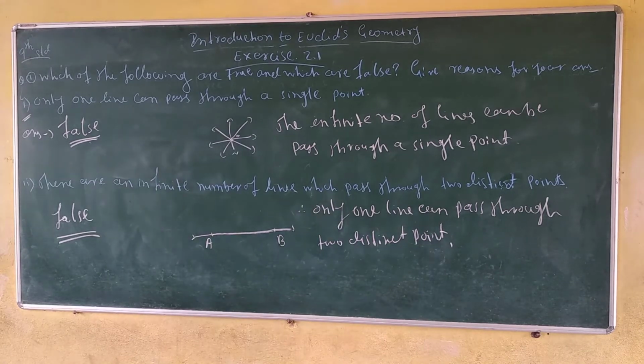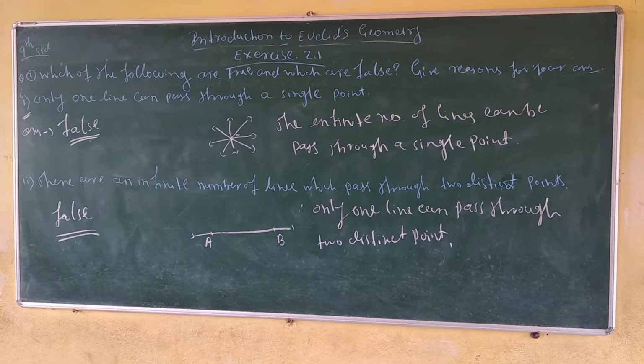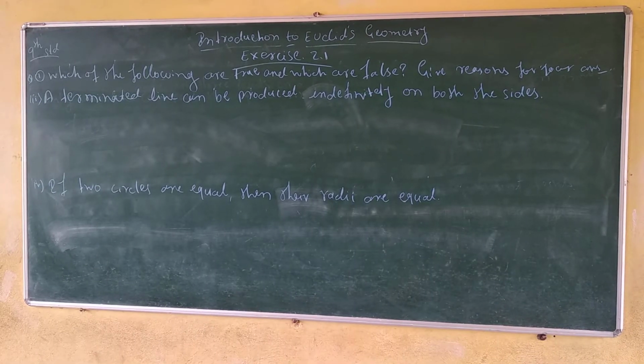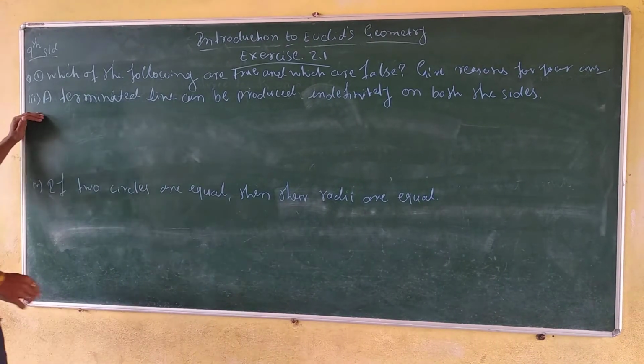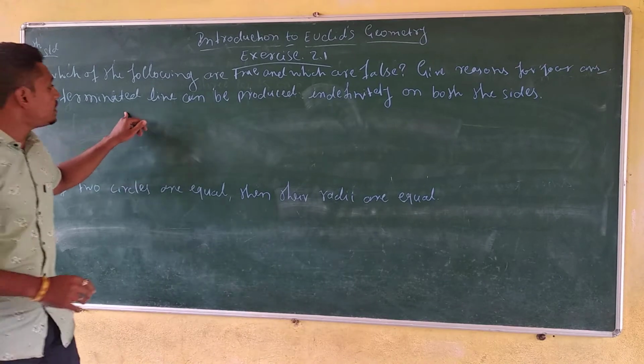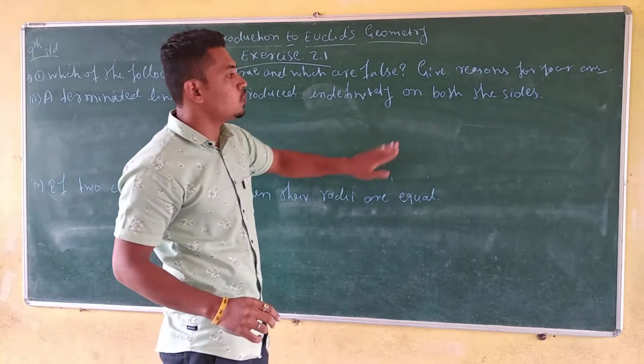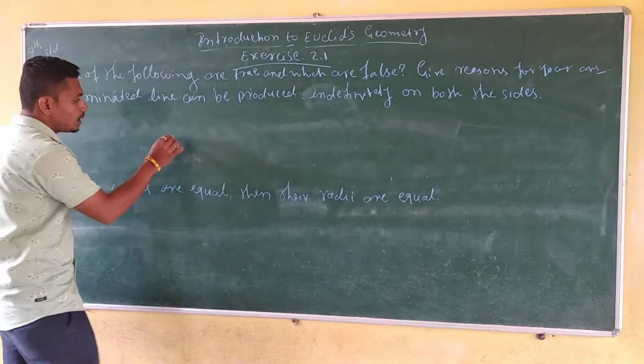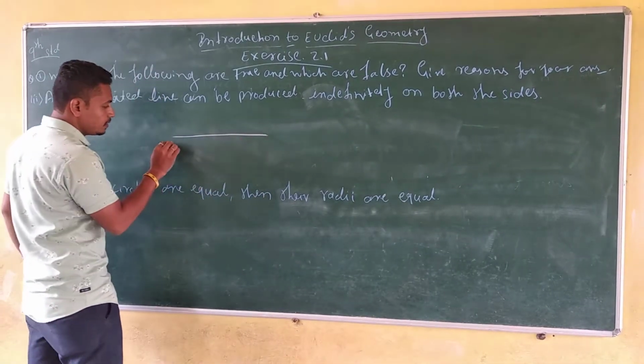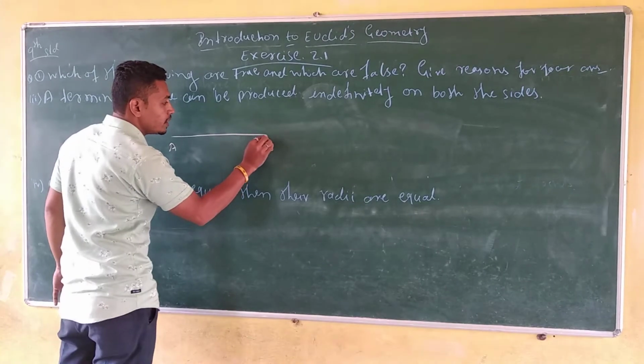The statement number 3. See here, this is the third statement: a terminated line can be produced indefinitely on both sides. Take one terminated line AB.